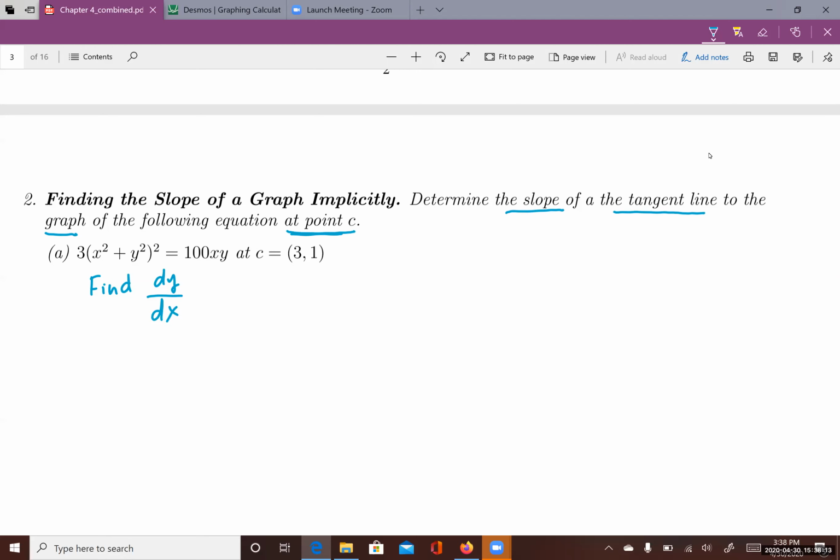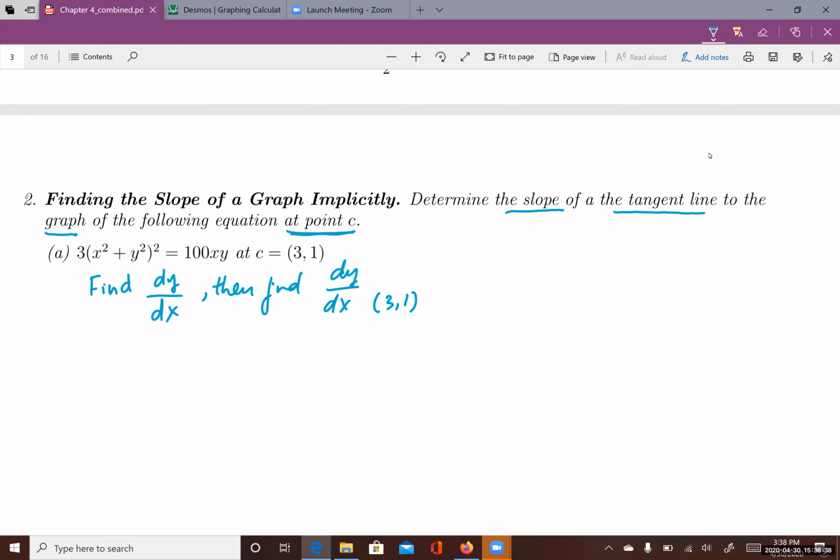Then at the point C, the slope is just the derivative at the point C, so find dy/dx at the point (3, 1). Then you can find the slope by evaluating dy/dx at (3, 1).